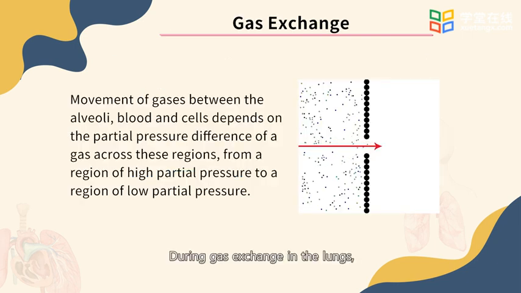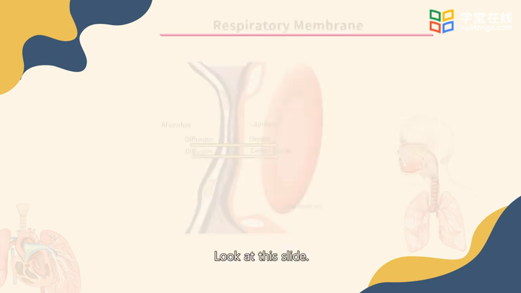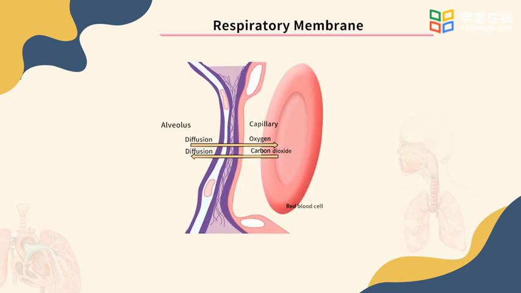During gas exchange in the lungs, gases will move from a region of high partial pressure to one of low partial pressure. Look at this slide. The respiratory membrane is constructed by the following layers: the layer of fluid and the surfactant to reduce the surface tension, the alveolar epithelium, and the basement membrane.